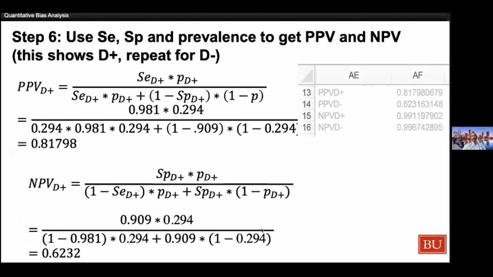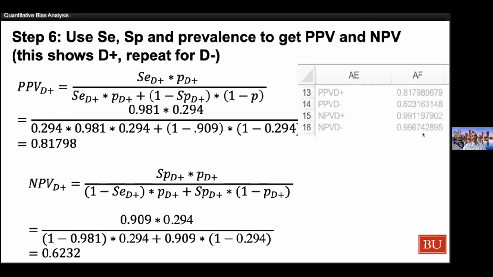Now that I've sampled the prevalence, and I know what the sensitivity and specificity are, at least I've sampled them, I can use those formulas that we had in the earlier steps to adjust the data. Sorry, not to adjust the data, to estimate the positive and negative predictive values. So that's what I've done here on the right.